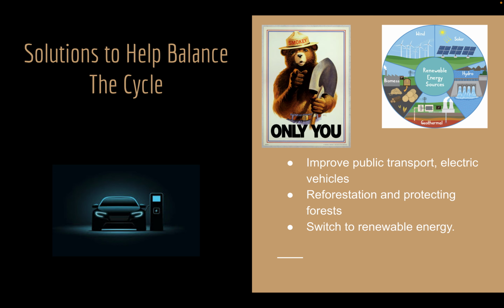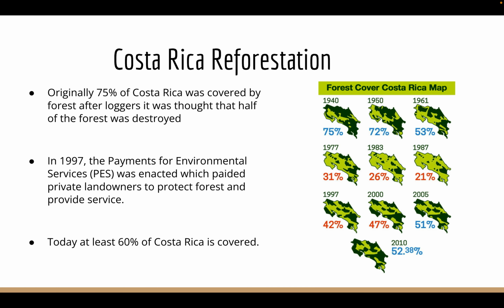We can make the process of reforestation affect a wider range, and we can also enforce laws to protect our forests, and we can switch to renewable energy like solar, wind, hydro, things like that. And these things have been happening and will continue to happen.